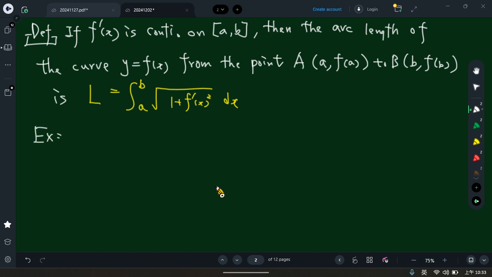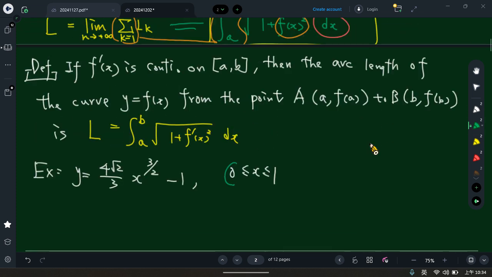For example, if y equals 4 times the square root of 2 over 3 times x to the power of 3 over 2 minus 1, and x ranges from 0 to 1, what's the arc length?